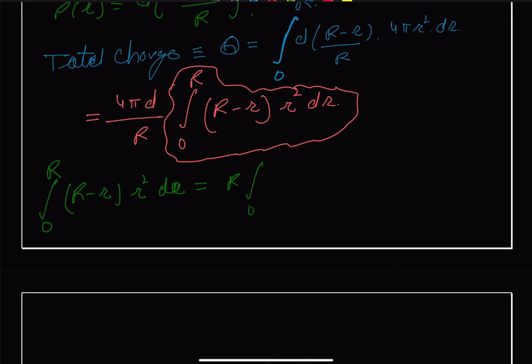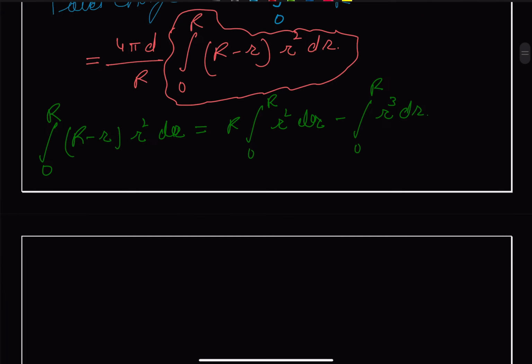This is R integral from 0 to R of r square dr minus integral from 0 to R of r cube dr. So this is going to give us R times r cube by 3, minus r to the power 4 by 4, with lower and upper limits, so it comes as capital R cube divided by 3 minus capital R to the power 4 divided by 4.